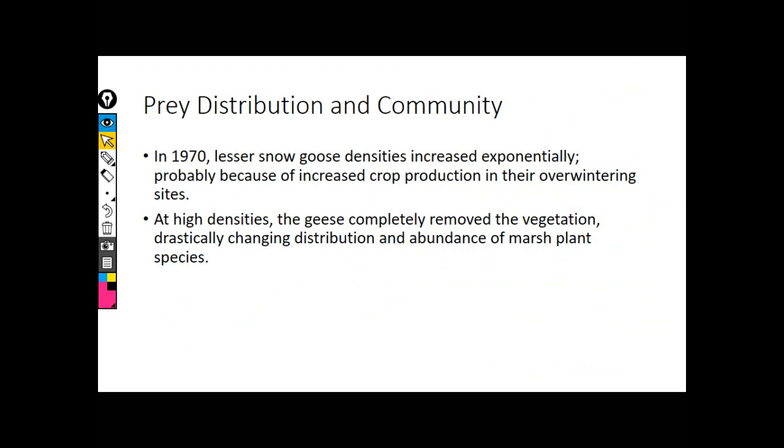So lesser snow geese, a specific type of goose and gosling, ended up increasing exponentially in abundance because one of their overwintering areas became a crop area. So what this graph told us is that at very high densities, they overcame compensation and basically ended up decimating all of the vegetation there, starting with the crops and then the marsh area itself.